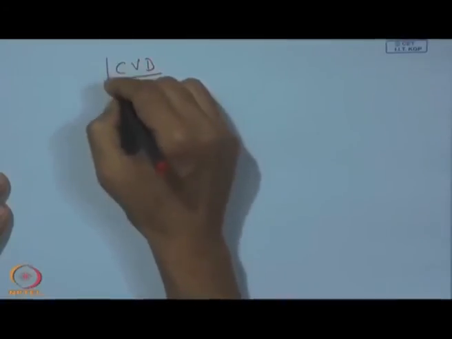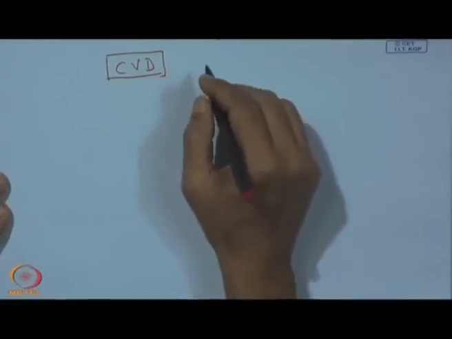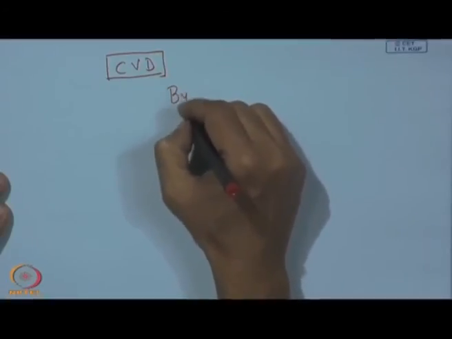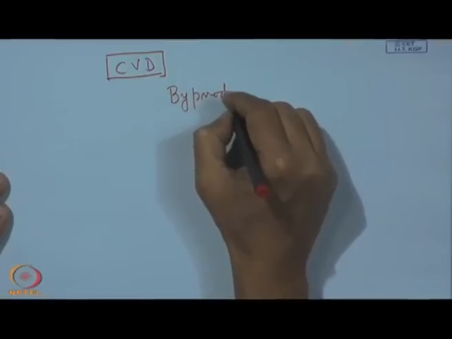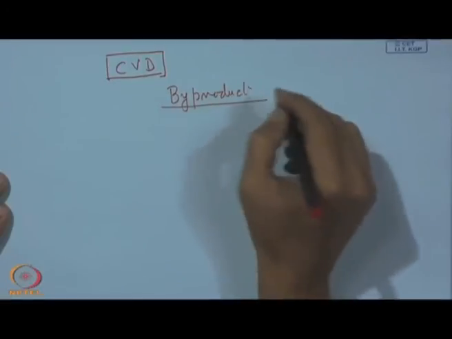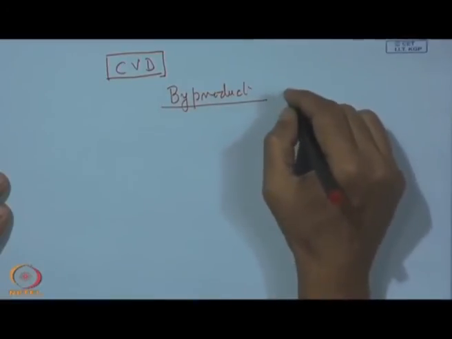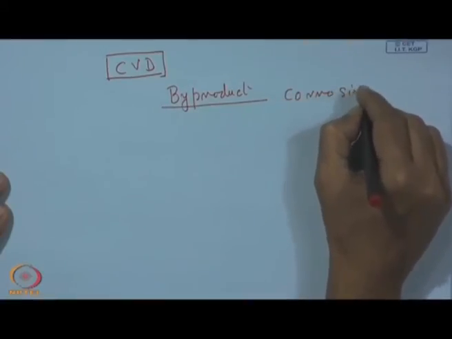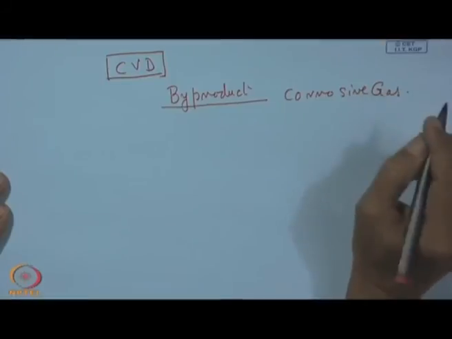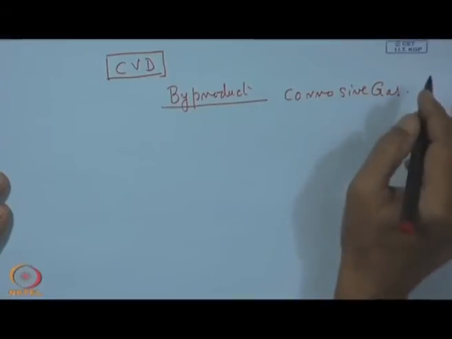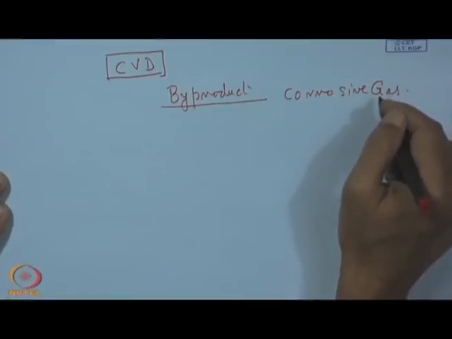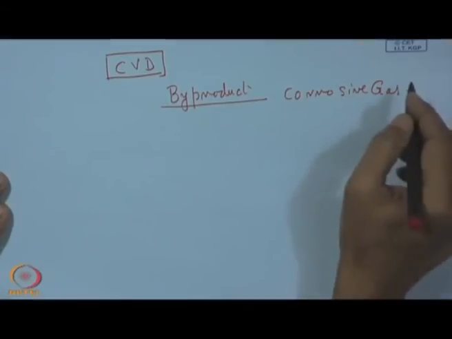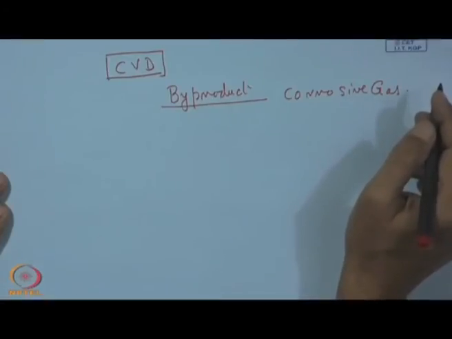Mostly in the CVD we use this liquid ring pump, because the byproduct of this CVD can be a corrosive gas. And this corrosive gas, we cannot just set it free, or it can also create problems for the various parts of the pump.